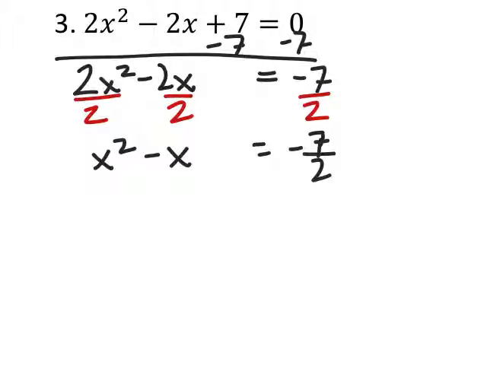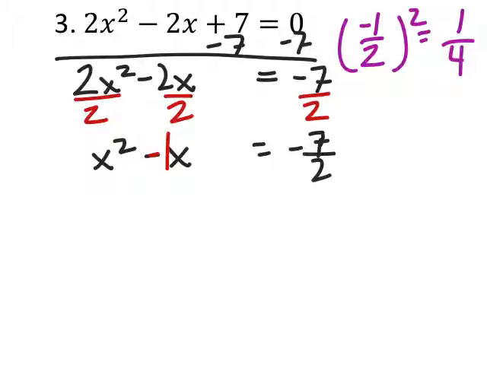Okay? So, looking at this, what we're going to do is take the coefficient of just the x, which is a -1 in this case. Let's go and write it here on the right. So we're going to take a -1, we'll divide it by 2, which is -1/2. Then we square this stuff, all right? That gives us a positive 1/4.